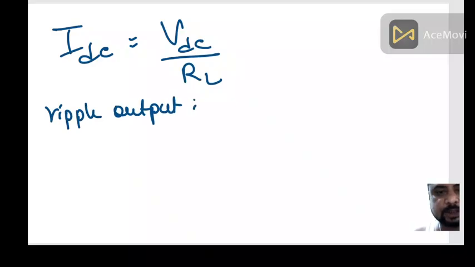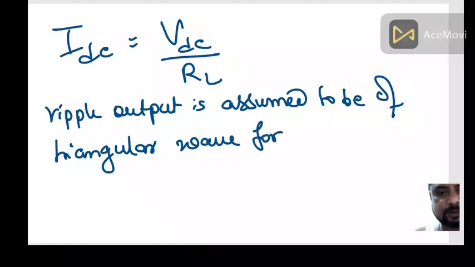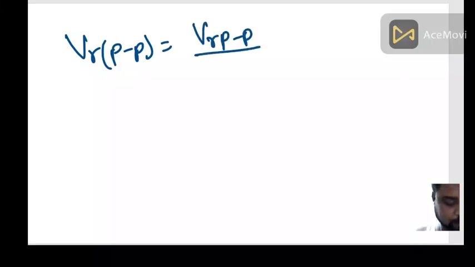Now the ripple voltage or the ripple output is assumed to be of triangular form. There are several waveforms that can be obtained, but it is generally assumed to be of triangular waveform. So using this assumption, the ripple voltage peak to peak can be written as V ripple peak to peak by 2 root 3.